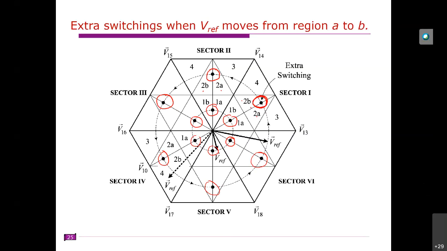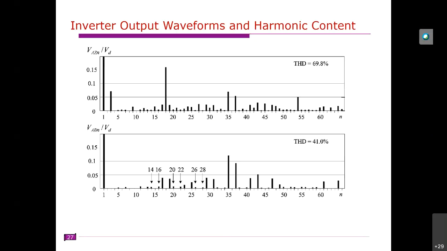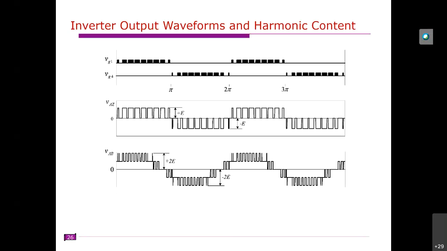Right. Okay, so these are the outputs. This is the output voltage. I think this is the neutral point. This is the pole voltage, the voltage between the A phase and this neutral point, VAZ, and this is the line voltage.